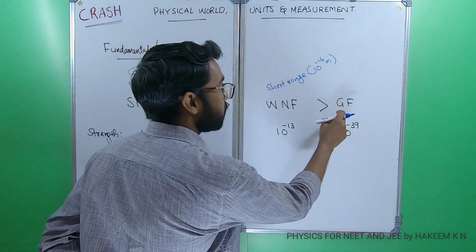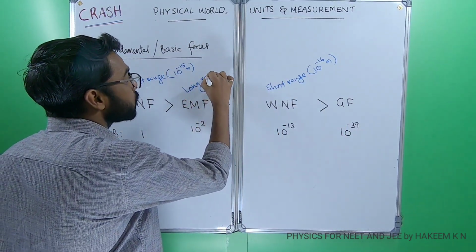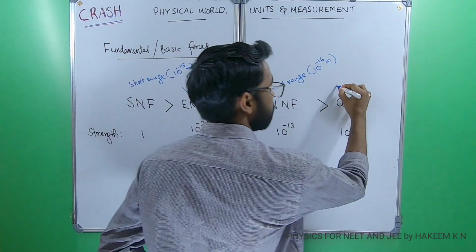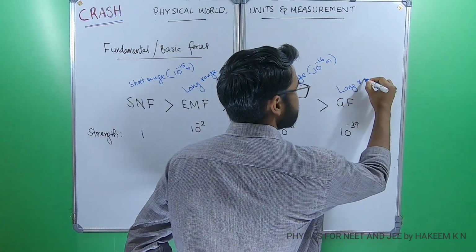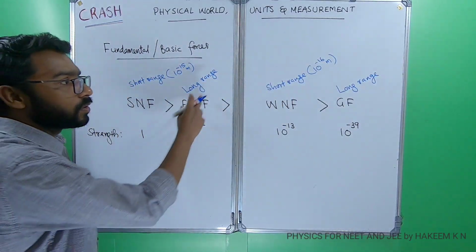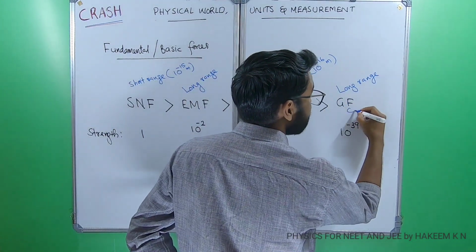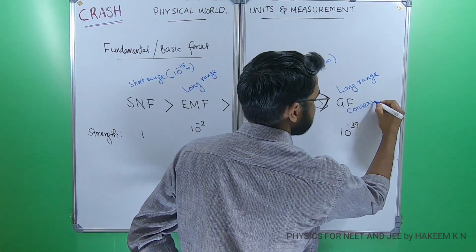Electromagnetic force and gravitational force are long range forces, and they are conservative forces.